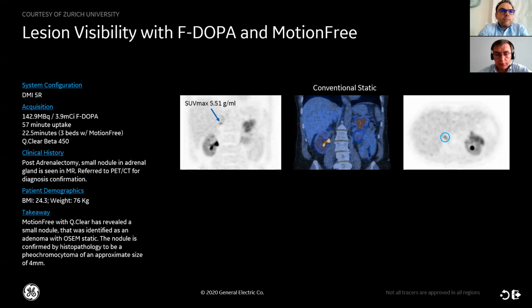The patient was referred for this F-DOPA, and the patient was extremely lucky, to be honest. That was the first week of using motion-free in Europe, and there was double reporting. First, the patient was reported by a resident.